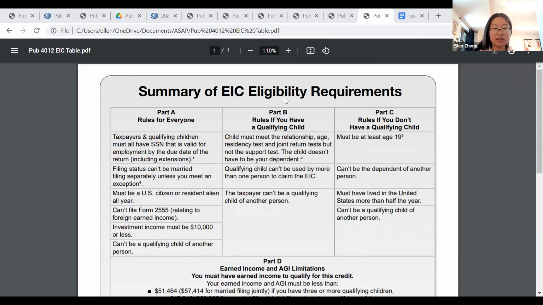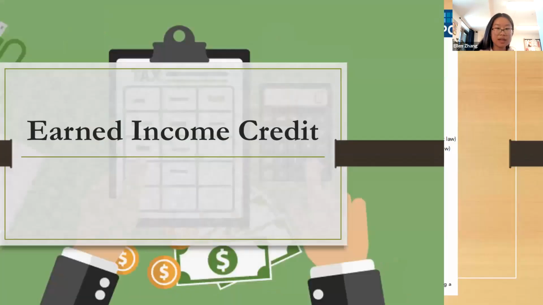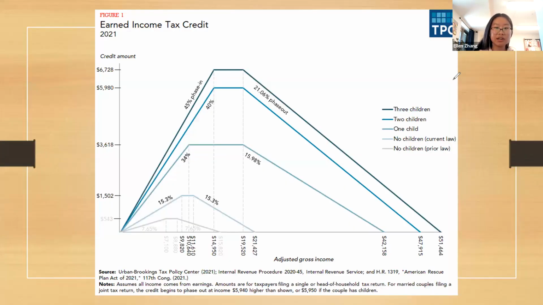And I think I just have a few more slides left. The last one is this really handy chart of the earned income credit benefits. So we can see here that it's divided based on how many children you have. So 1 child, 2 children, 3 children, no children at all.